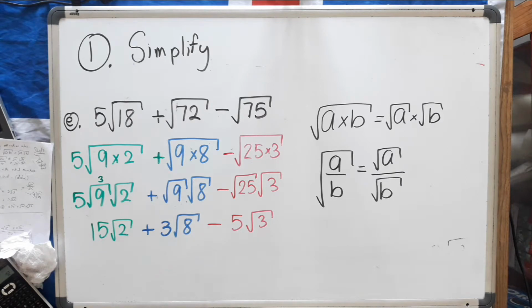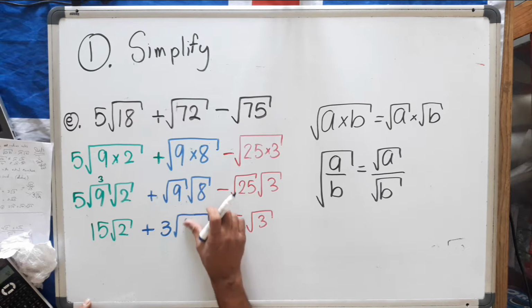Now, this may look like the end of the question, but I guarantee you this has an extra step in it. Let me just clear some space here. You're going to realize that everything here is not completely simplified. 8 can be broken up into two numbers where one can be square rooted and one cannot. Remember, 8 is 4 multiplied by 2.